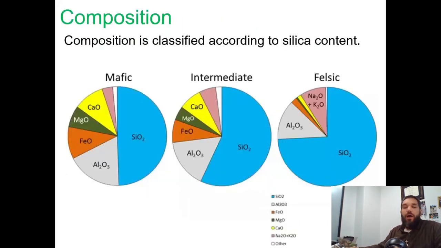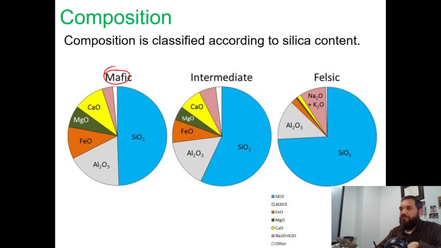All right, so let's take a look at a pie chart showing the chemical composition of different igneous rocks. Now, we actually give these kind of funny names to these different chemical compositions. There are three important terms, four of them really, but three really important ones you need to know: mafic, intermediate, and felsic. Where did these words come from?